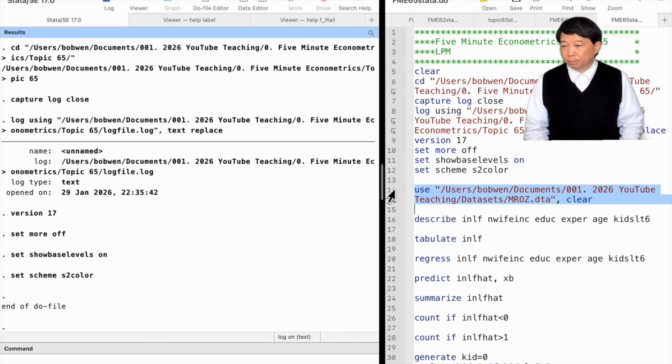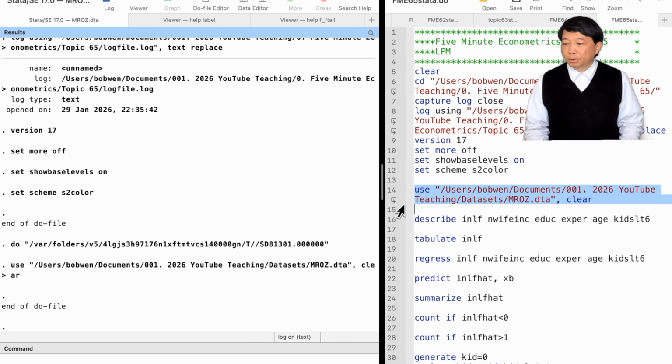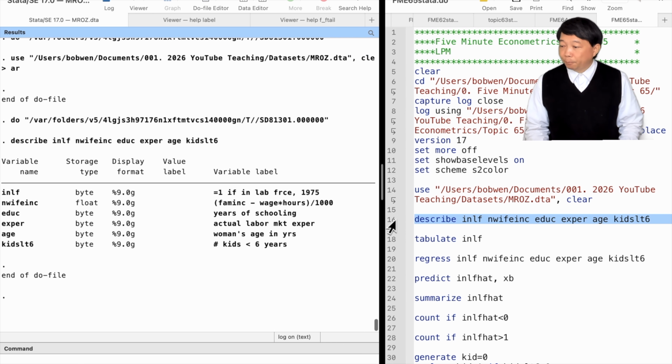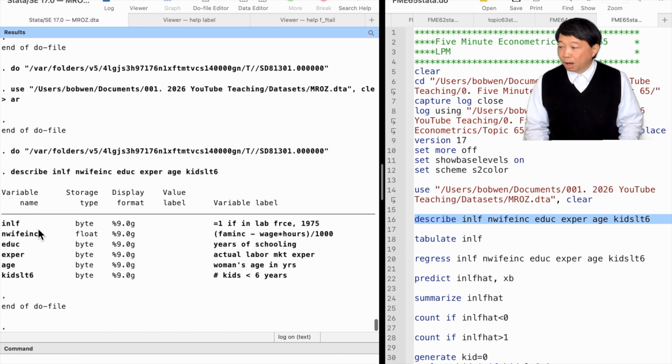Here's an example. The model relates the married women's labor force participation to their husbands' earnings, years of education, labor market experience, age, and the number of children under 6 years old. The outcome variable, labor force participation, is a dummy variable.